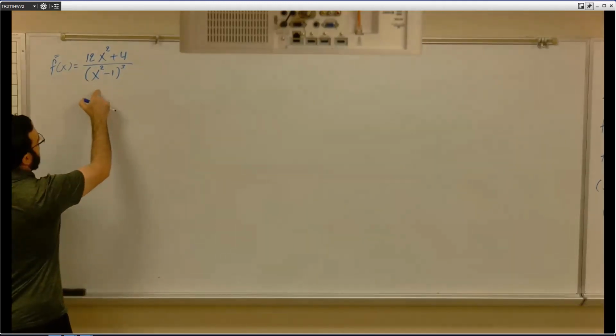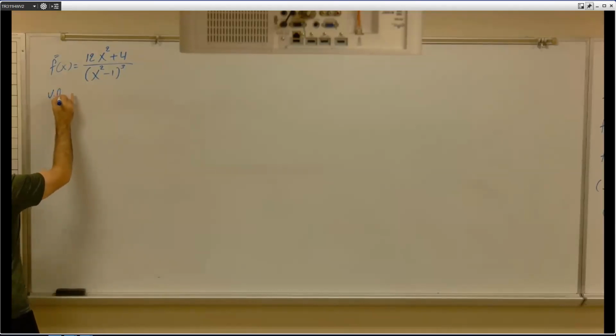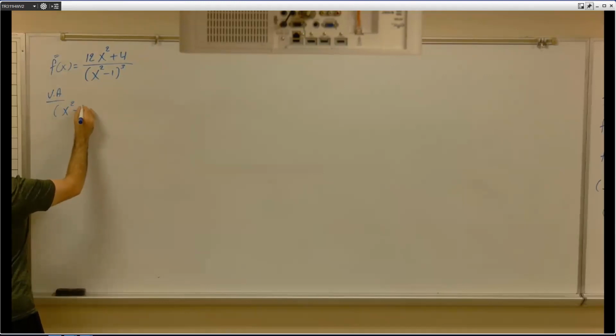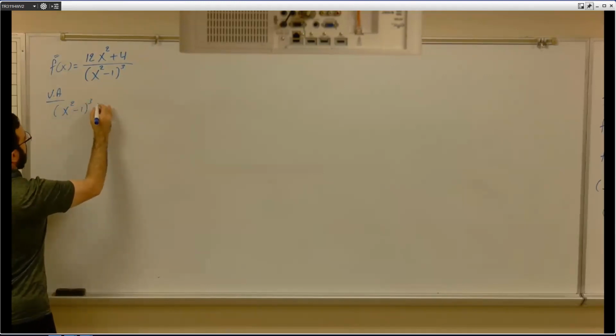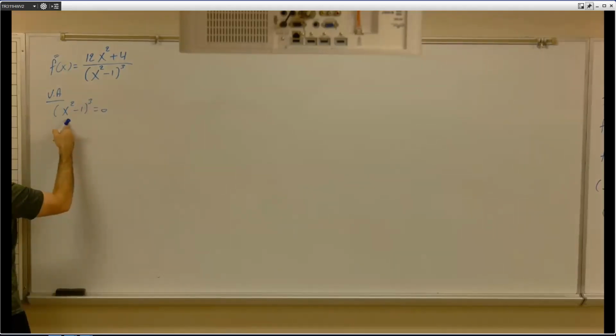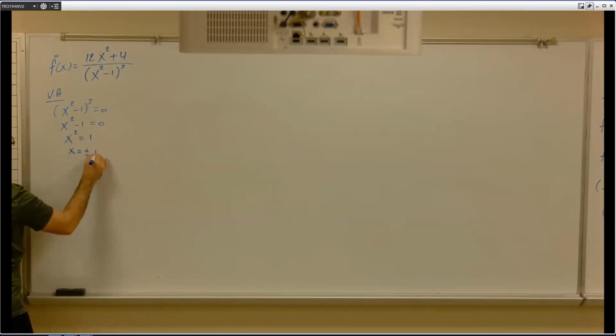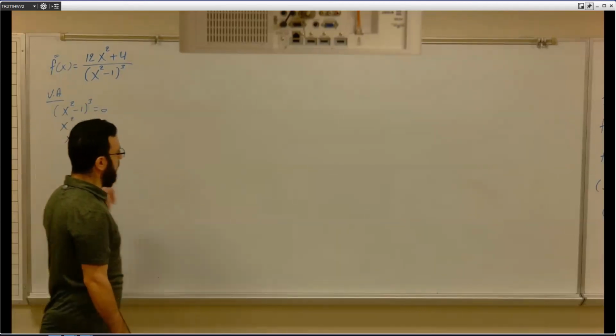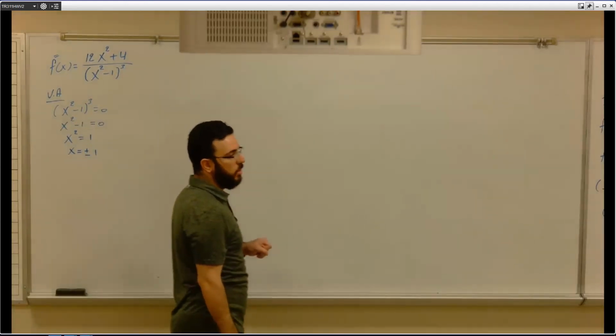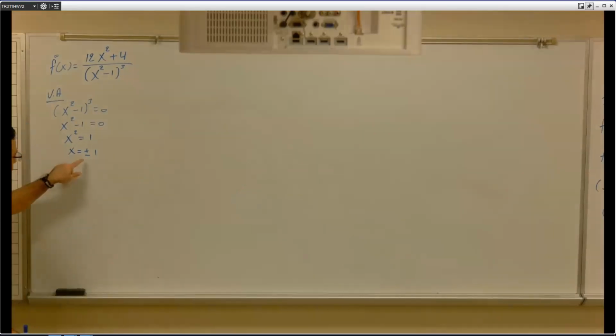How to find the vertical asymptote? We take the bottom part, which is x squared minus 1 cubed equals 0. And take the cube root on both sides. So x squared minus 1 equals 0. That's x squared equals 1. So x is going to be plus or minus 1. So you're going to grab the asymptote because f is not continuous at 1 and negative 1.